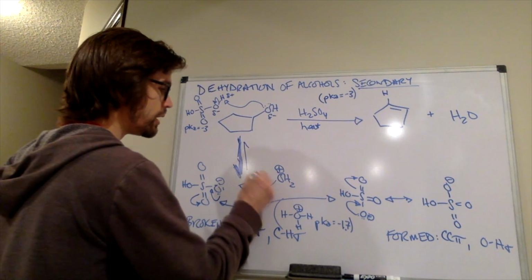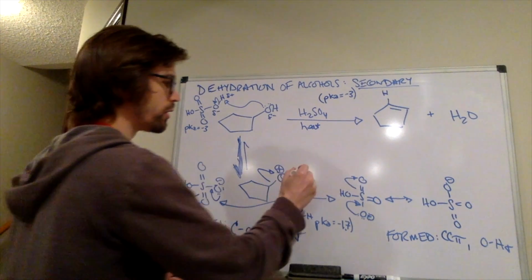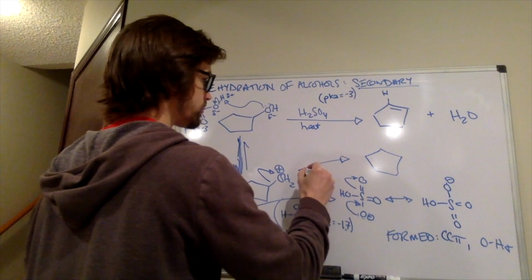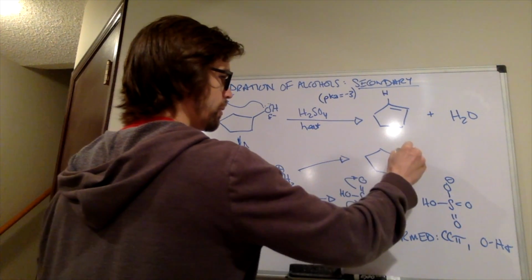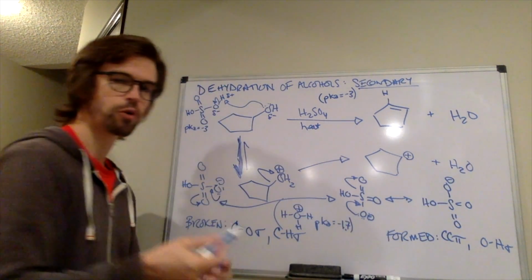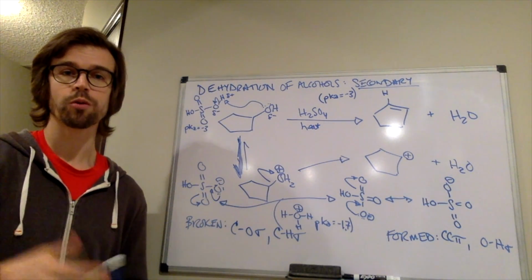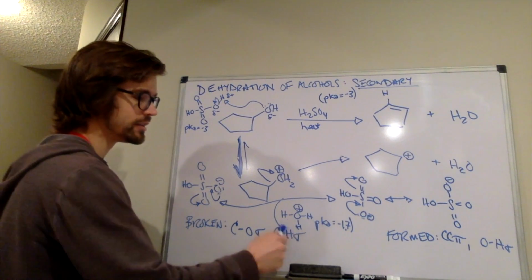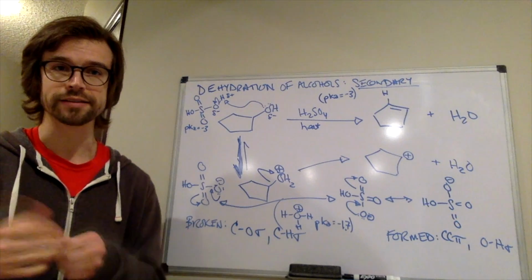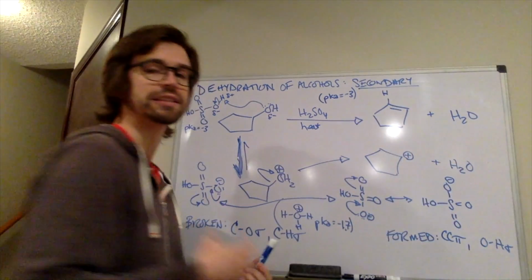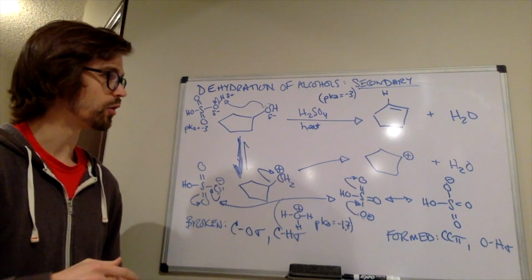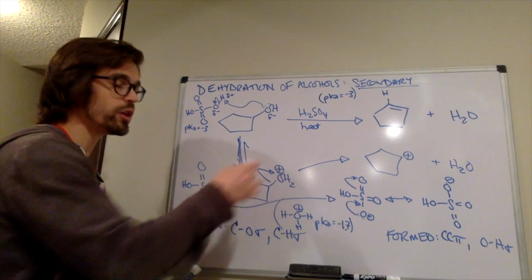So if we were to pull that water molecule away, that would generate a positive charge right here plus H2O. So was H2O a good leaving group? Well, what's its conjugate acid? Its conjugate acid is hydronium ion. Hydronium ion is a very strong acid. That means that water is really stable by itself. It's a really good leaving group. So essentially, this really wants to leave.